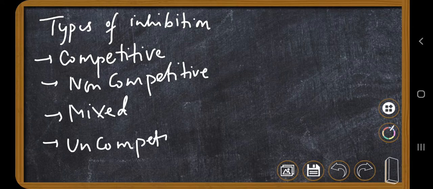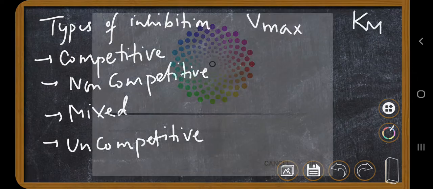So these are the types of inhibition which are under our focus. Now we are going to look at what will happen with respect to the Vmax value and what will happen with respect to the Km value.